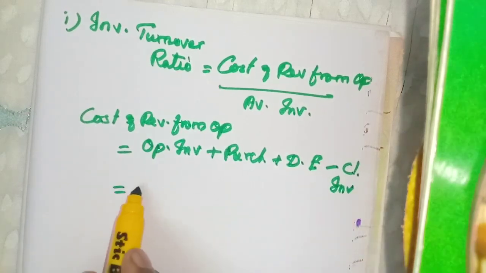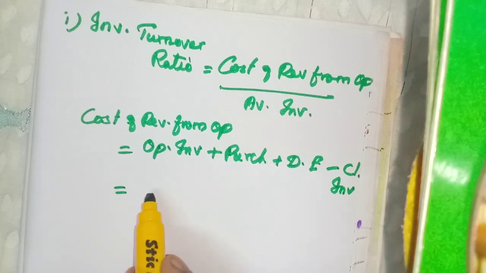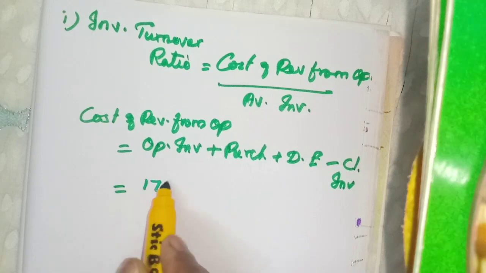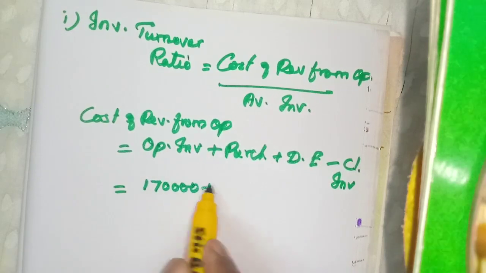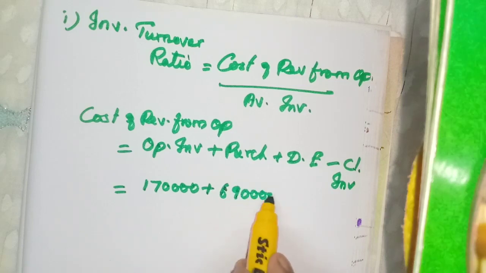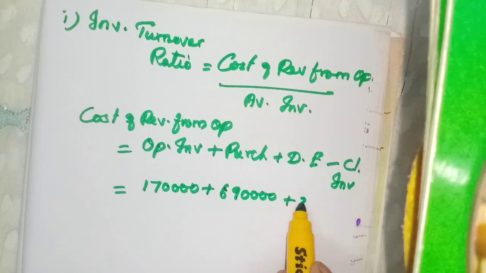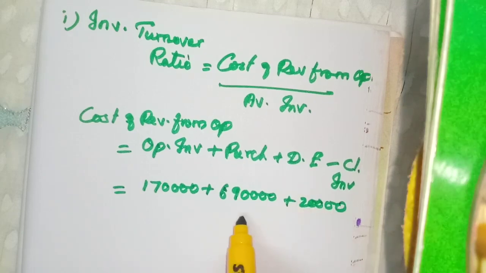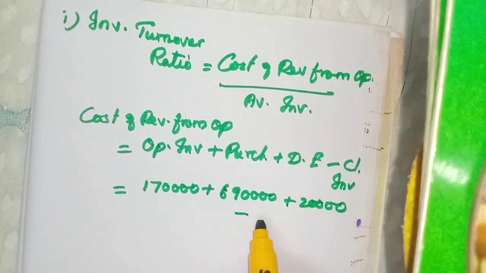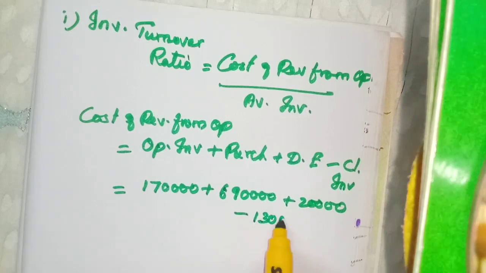Okay, here what is the opening inventory? Inventory at the beginning of the year, 1,70,000 plus purchases 6,90,000, direct expenses carriage inward 20,000 minus closing inventory 1,30,000.